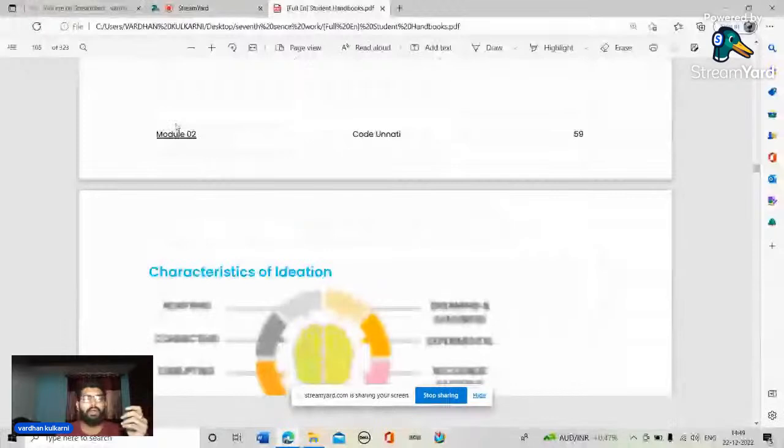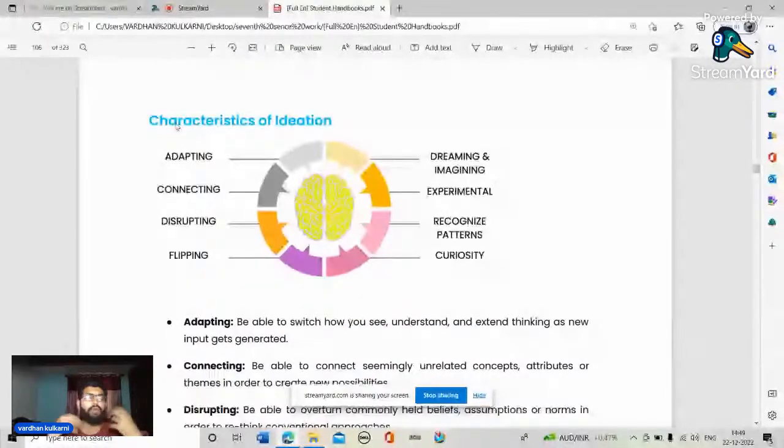Now the characteristics of ideation. Let's look at what ideation is. Ideation is basically forming and creating new ideas, which involves adapting, connecting, disrupting, flipping, dreaming and imagining, experimenting, recognizing patterns, and curiosity, right?